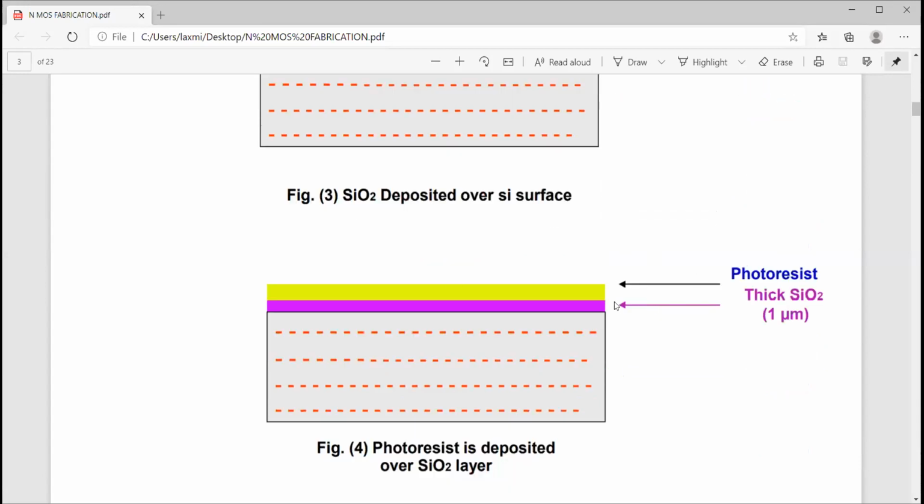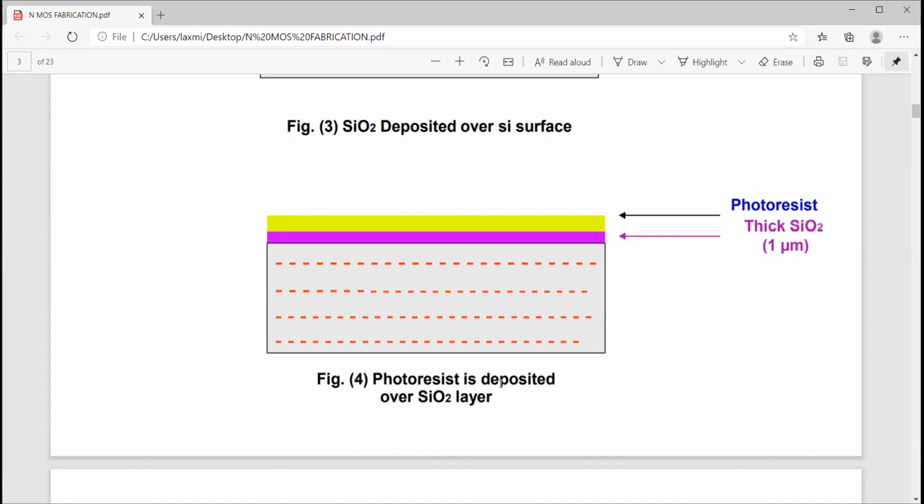So, next layer, what are we doing? We are adding a photoresist layer, with a thickness of 1 micrometer. The photoresist is deposited over the silicon dioxide layer. What is the use of photoresist? Photo means sunlight, some light.